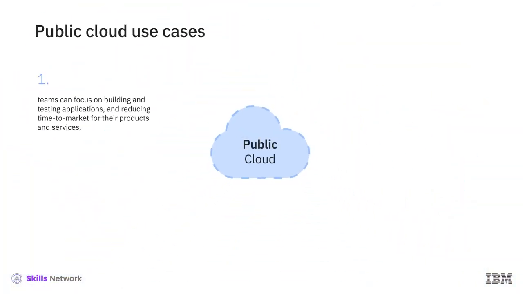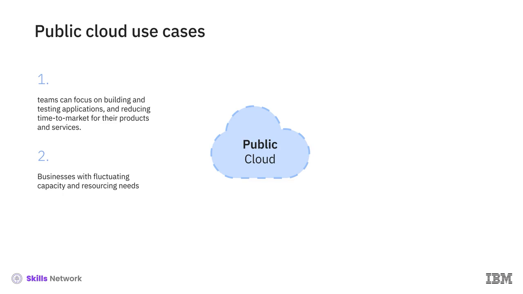Let's look at some common use cases for public cloud. Organizations are increasingly opting to access cloud-based applications and platforms so their teams can focus on building and testing applications and reducing time to market for their products and services. Businesses with fluctuating capacity and resourcing needs are opting for the public cloud.